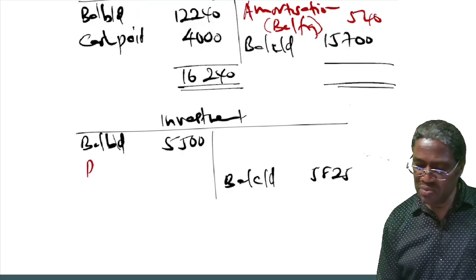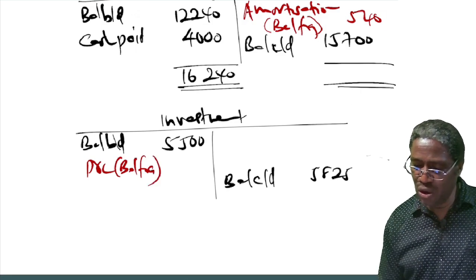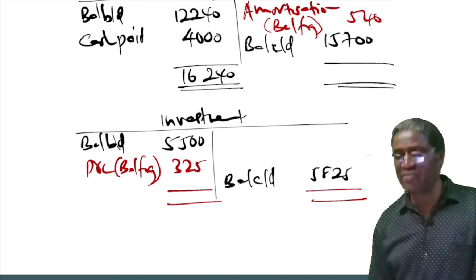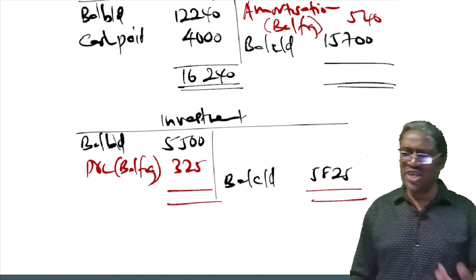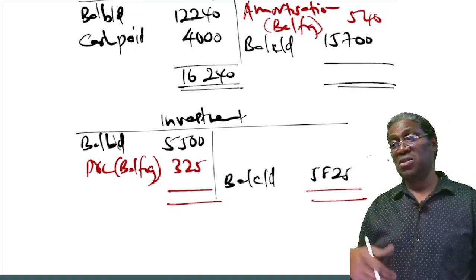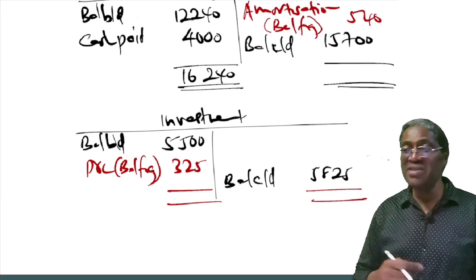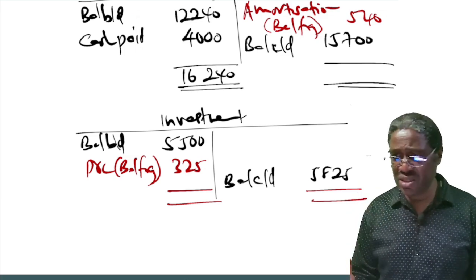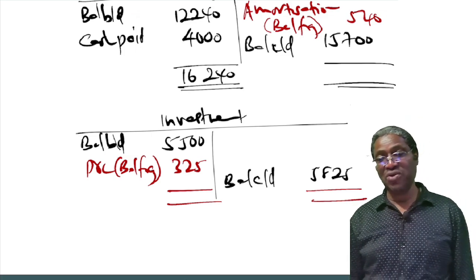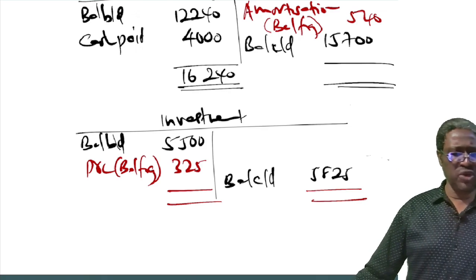Here, the P&L account as a balancing figure has that gain of 325. Otherwise, we did not need to open this account, because you could do the analysis by looking at the balance sheet and deciding what that 325 is and how you're going to treat it. Okay? Good. That's all for investment.